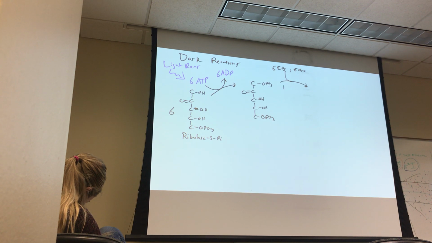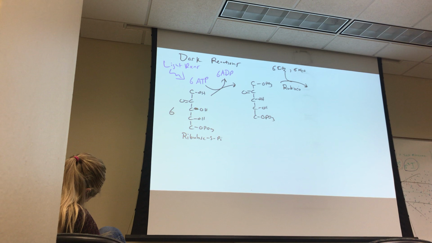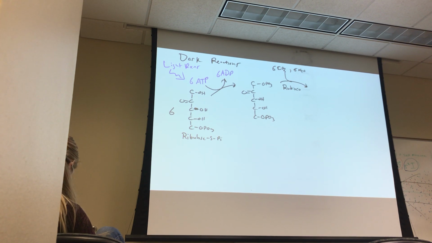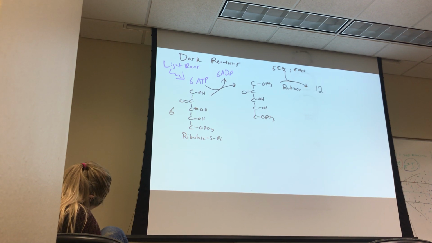And Rubisco is going to carboxylate, and I'm not going to draw it out. You don't have to separate it like I showed you in class, where I had 2 different pools. But what happens is the CO2 gets added to this carbon, and this gets cut in 2, and we make 12 3-phosphoglycerates.